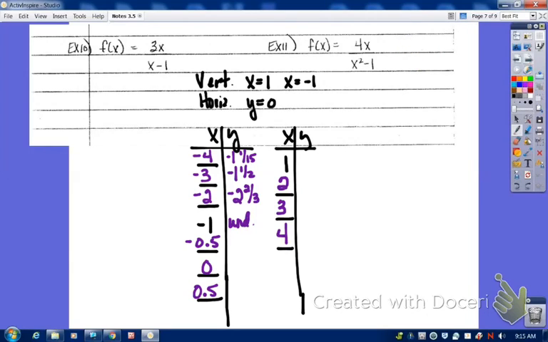So y'all do 4 times negative 0.5, get that number, divide it by negative 0.5 squared minus 1.